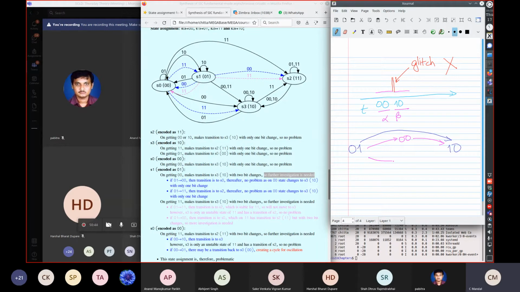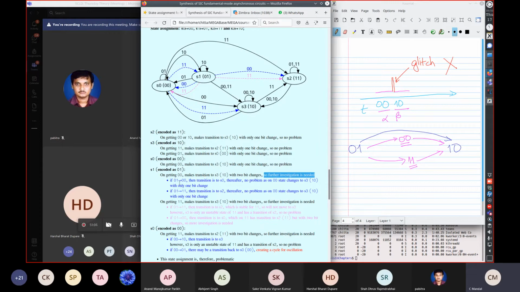It could also change to 1, 1, and then it could change to 1, 0. So you have to assume that this is what is going to happen. So let us see what happens. Suppose 0, 1 is changing to 0, 0 first.